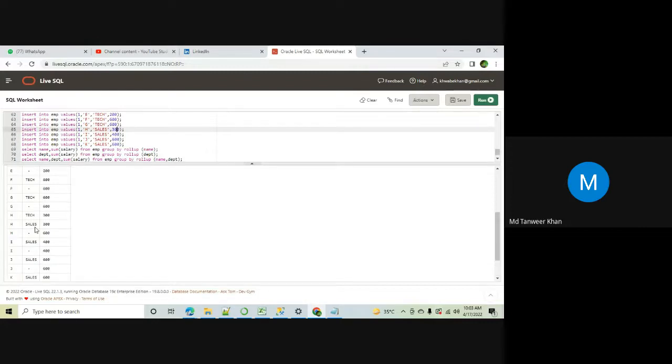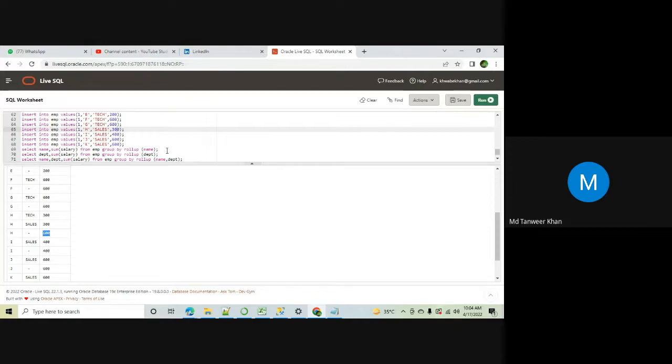See this one. This is the good example. This is what I want to show you. Here it will show you that employee H is working in both departments, tech and sales. H in tech is earning 300. H in sales is earning 300. So it will give you how much total he is earning: total 600.